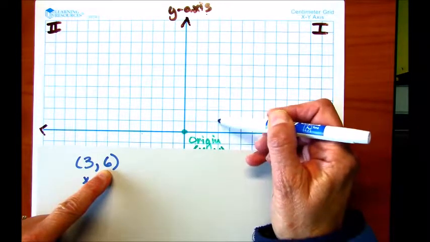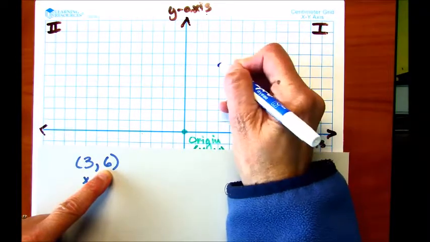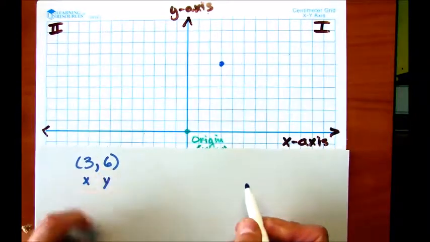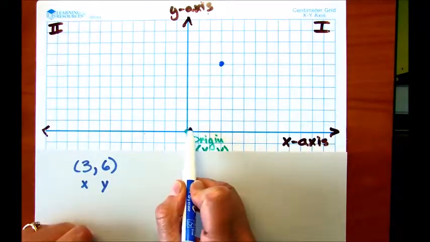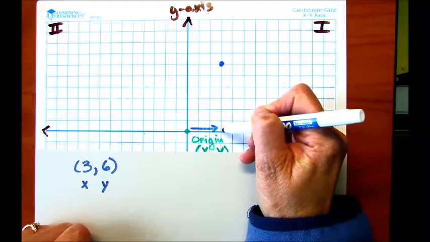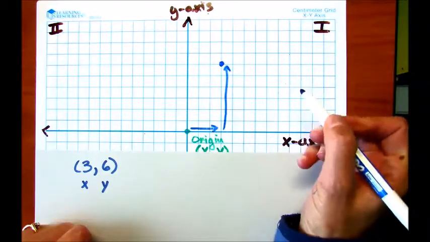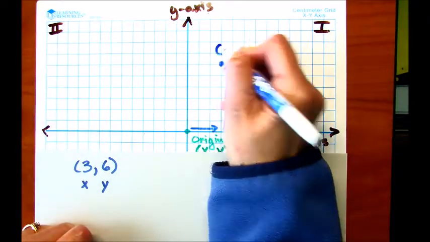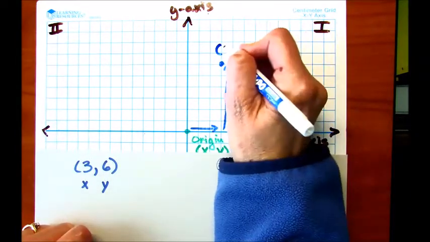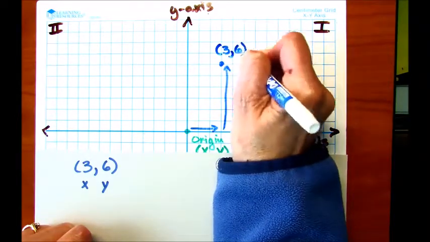So I'm going to go 1, 2, 3, 4, 5, 6. So again, just to review, I went across 3, and then from this point I'm going up 6. And then normally once we plot a point, we would write the coordinate point, (3, 6).